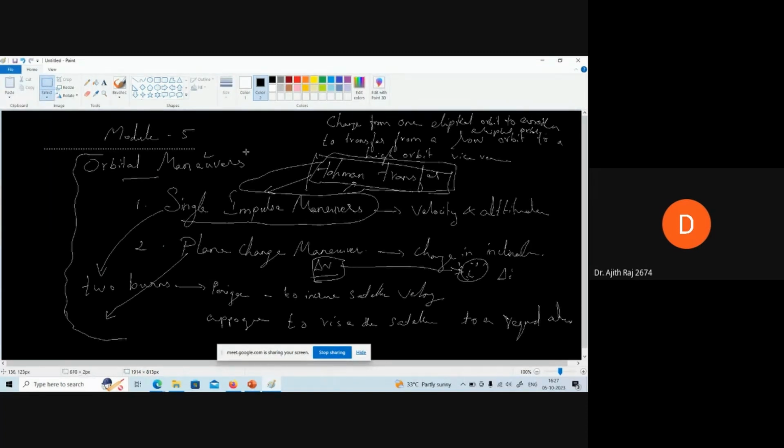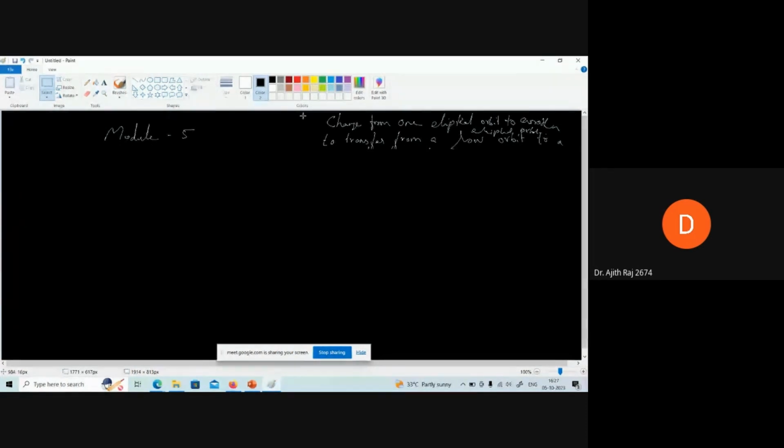So I'll just repeat the things we have seen today. Okay, so Hohmann transfer we need to see a little more in depth, and we need to solve a few problems related to Hohmann transfer, which is nothing but a single impulse maneuver.